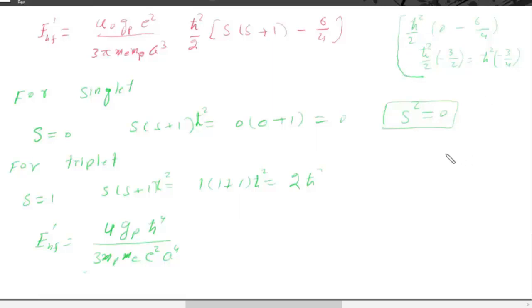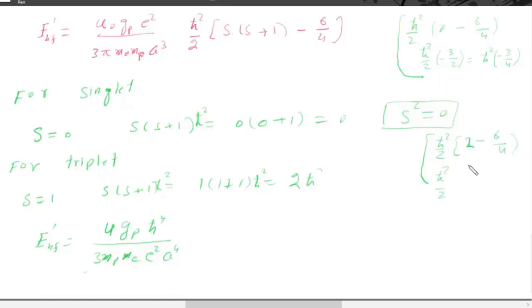Okay, now here we write for the triplet state to simplify this. Then this is equal to ħ² divided by 2 and the spin term is 2, this is s(s+1), this value.